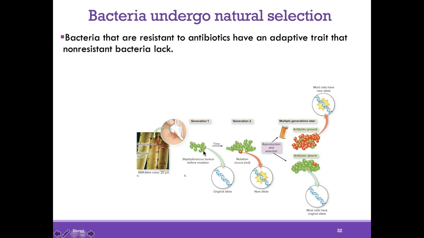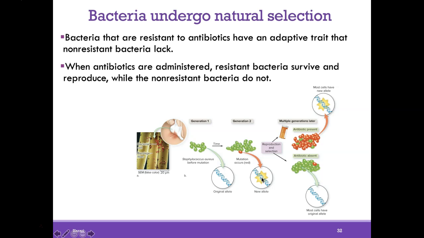However, there might be just a random mutation in one of the alleles that allows it to survive in the presence of antibiotics. So most bacteria are susceptible to antibiotics, but suppose just by chance there's one bacterial cell that has a mutation that allowed it to survive in the presence of antibiotics.